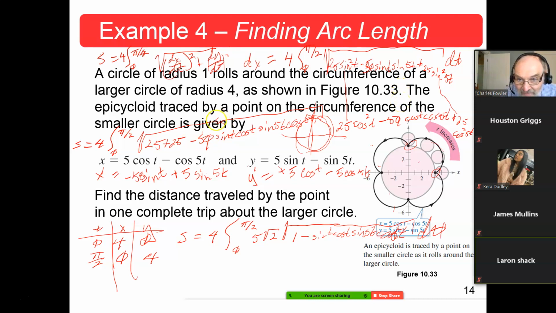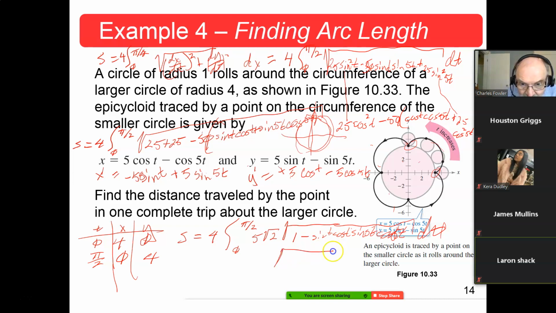So I pulled out the 50, but forgot to put my plus in here and my plus in here. Well, that was in the wrong place, this one. So this is getting messy, and I got them grouped badly.